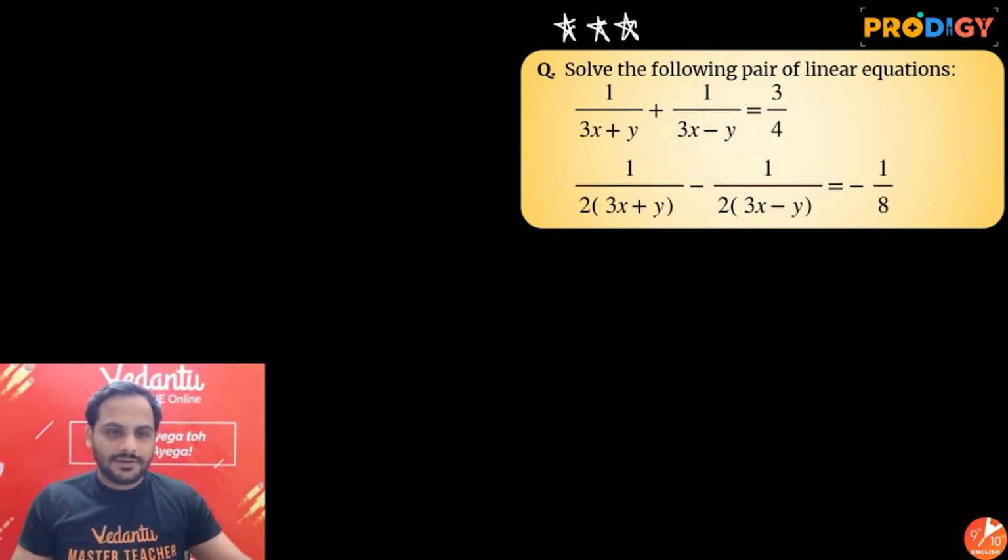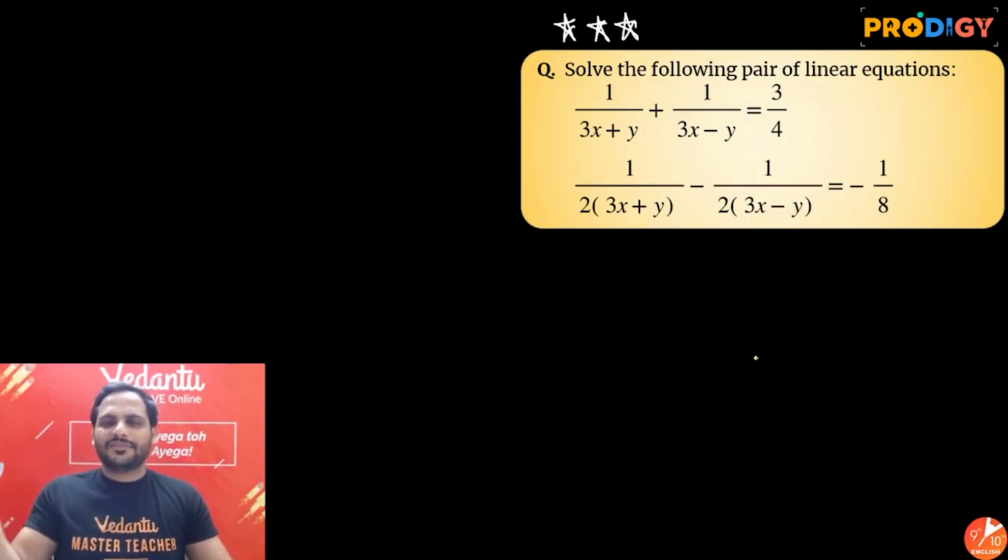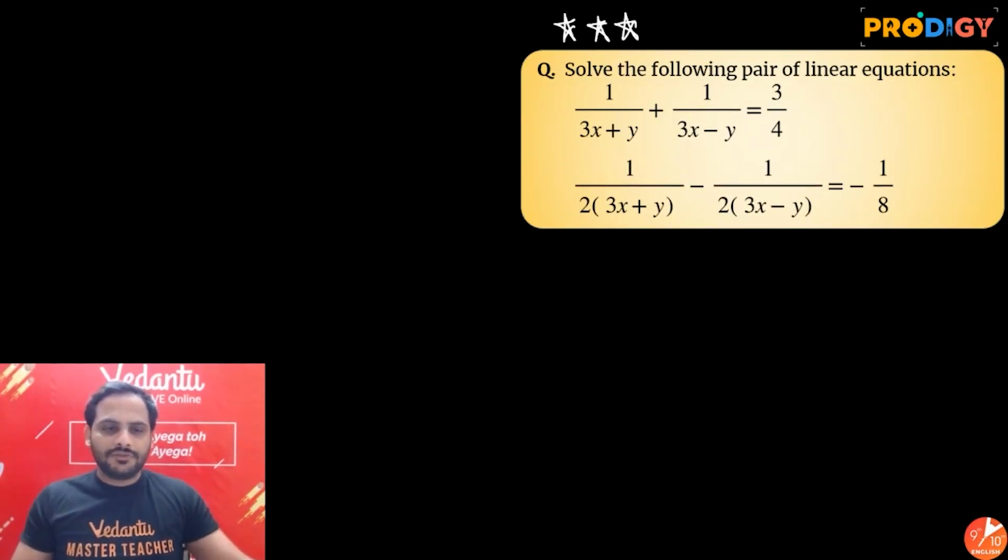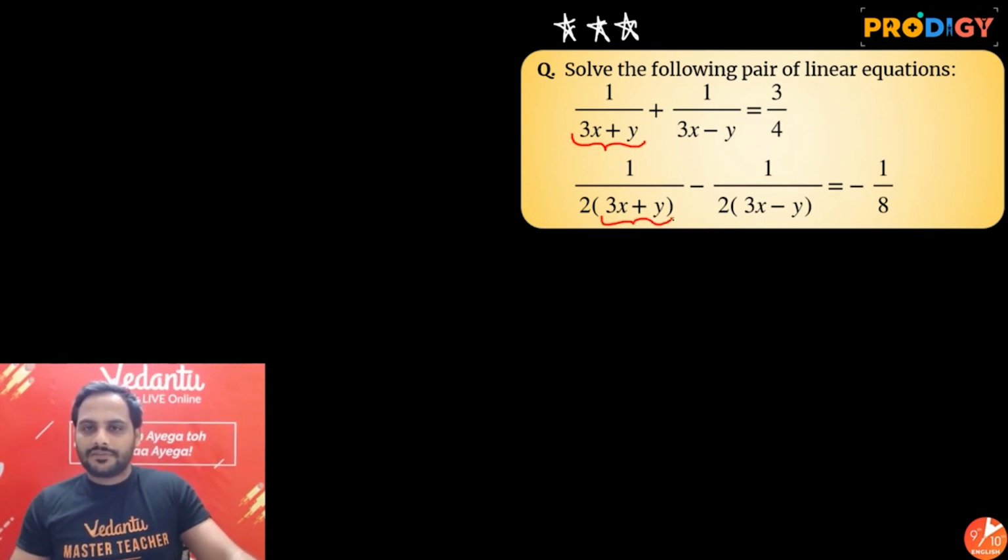Sir, I can see x plus y, 3x plus y, 3x minus y is present over here. But if you see carefully, beta, here we have 3x plus y, here also we have 3x plus y. Then here we have 3x minus y, here also we have 3x minus y.